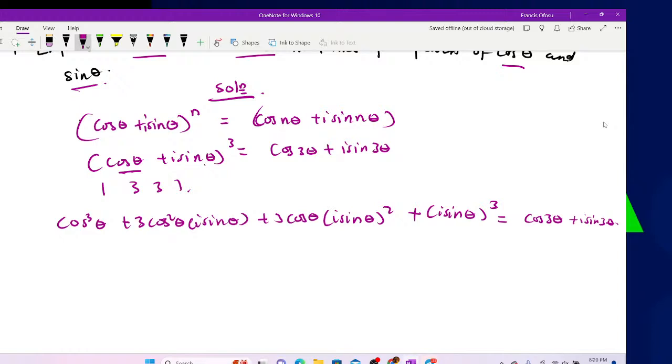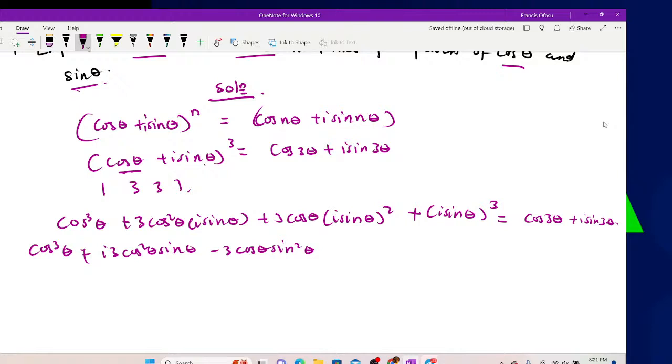At this point, let me simplify further. So I have cos³θ, plus 3i cos²θ sin θ. In this place, i² will be negative 1, right? So I have negative 3 cos θ sin²θ. Check.